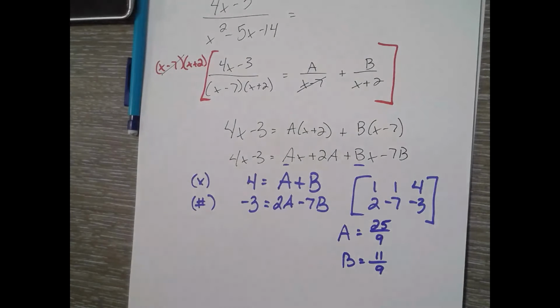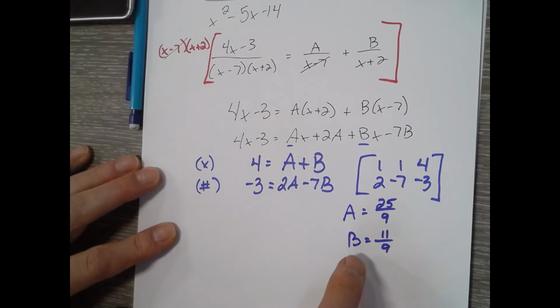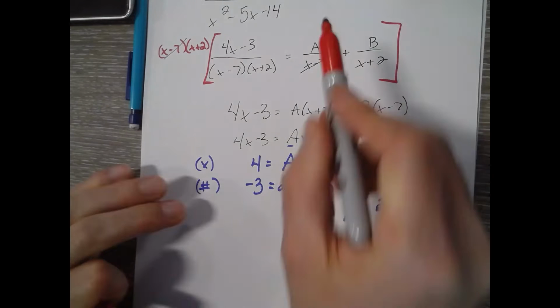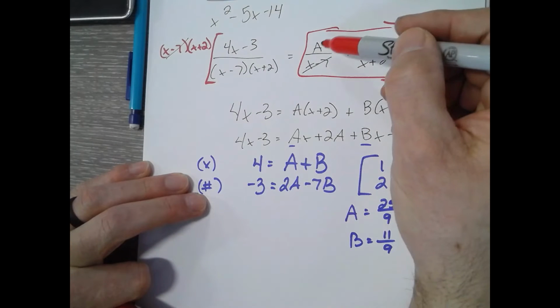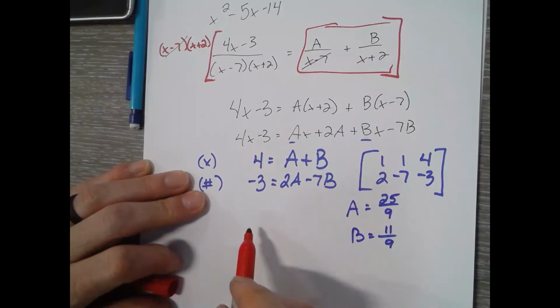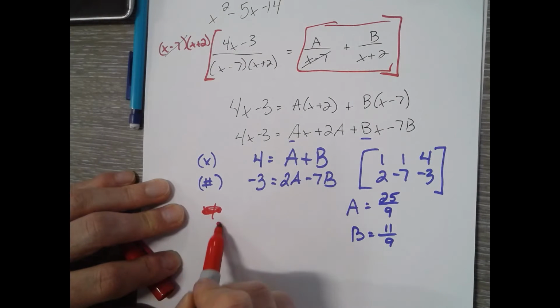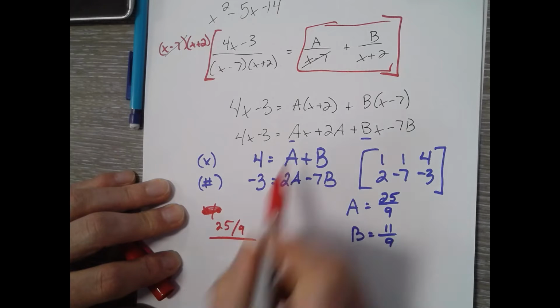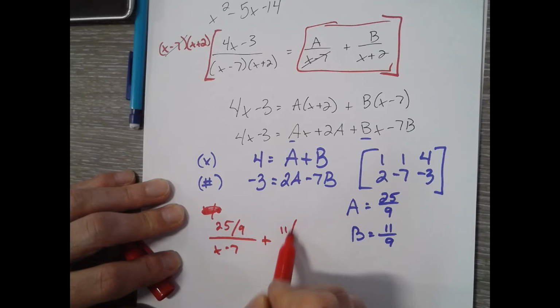We just have to rewrite what we started with. We figured out what A is and what B is. This is what we're going to go back and look at. That's our A, that's our B. So A is 25/9 over x minus 7 and 11/9 over x plus 2.